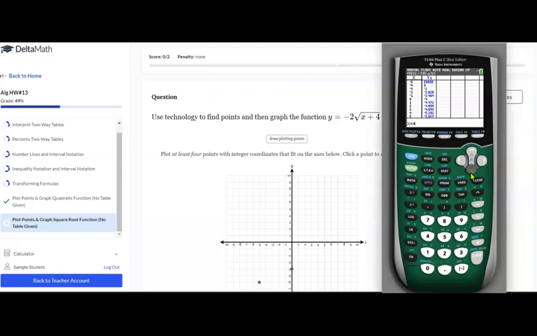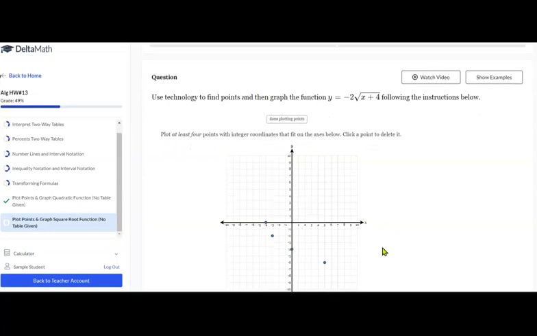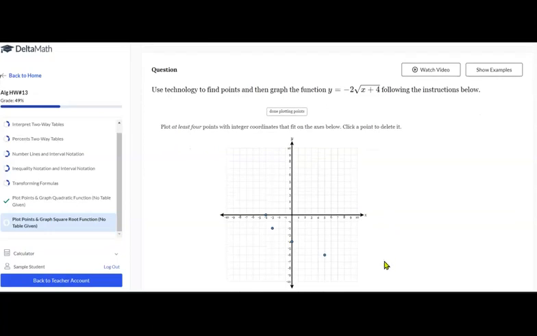Oh, this was a +5, sorry. +5, -6. 0, -4. -3, -2. -4, 0. Okay, let's see what else. 12, negative 8. So that makes sense, because 12, negative 8 would be right over here somewhere.